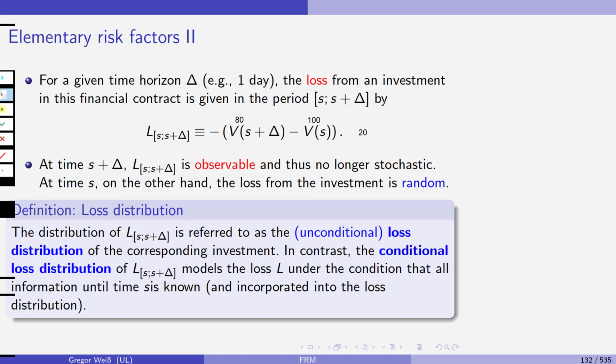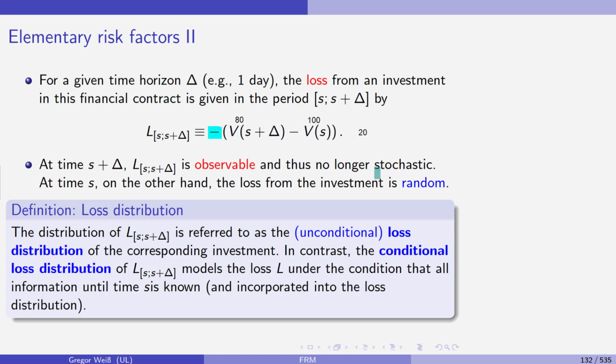And note that the loss is defined as a positive number, so we would have minus 20 here, but we switch the sign so that 20 is a loss and minus 20 would be a profit. Now, at the point of time in the end, the loss is observable and is no longer stochastic. However, today at time s, the loss from the investment is random and it's stochastic.